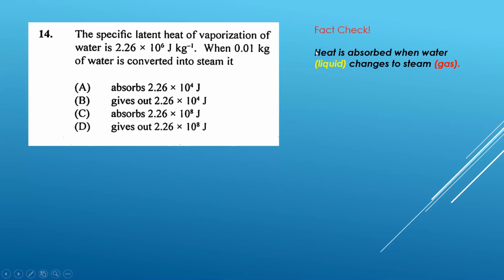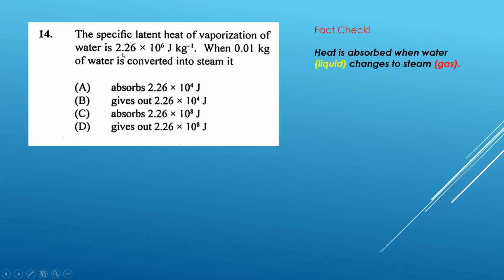Now, for a liquid to change into a gas, heat has to be absorbed by the liquid. So your answer has to involve absorb, not give out. So eliminate the two that say gives out, and you focus on the two that say absorbs.